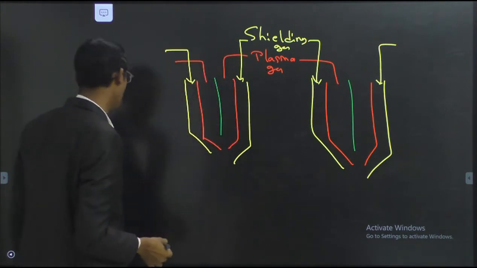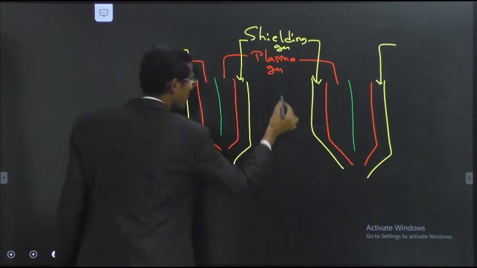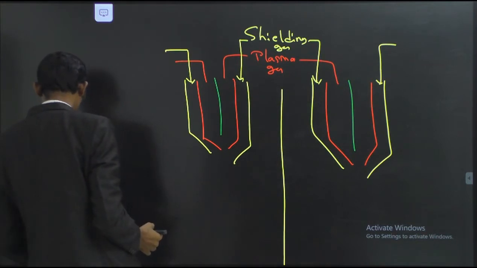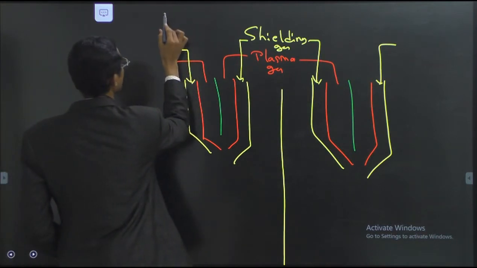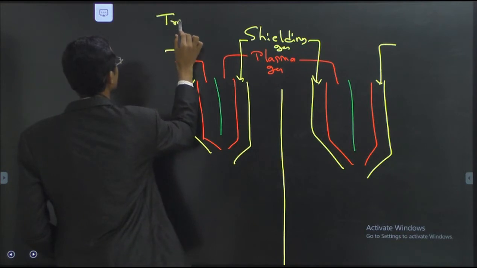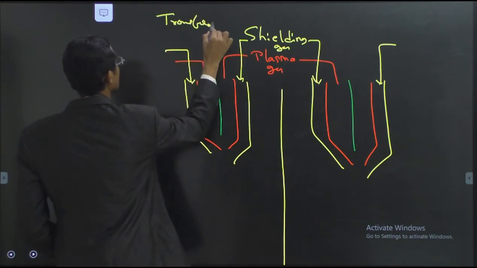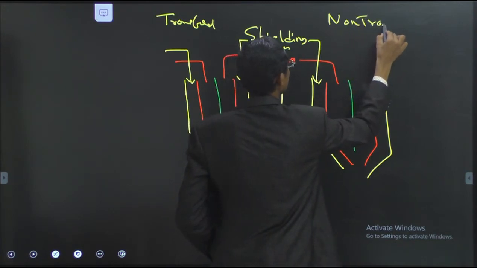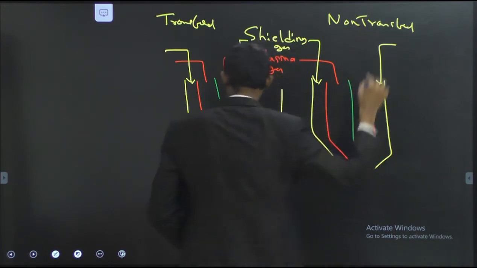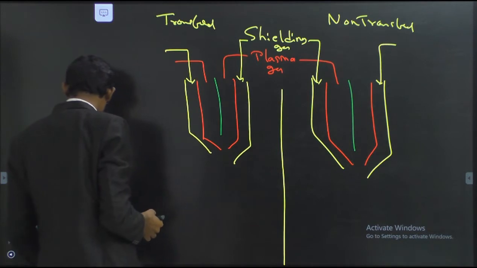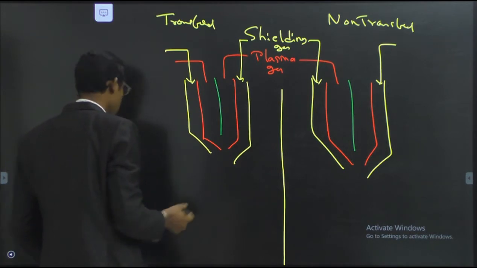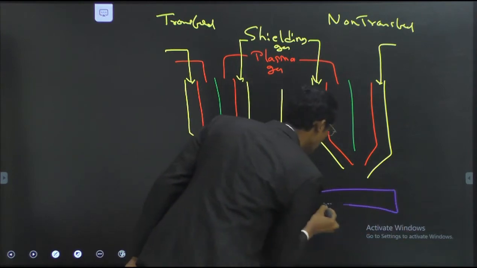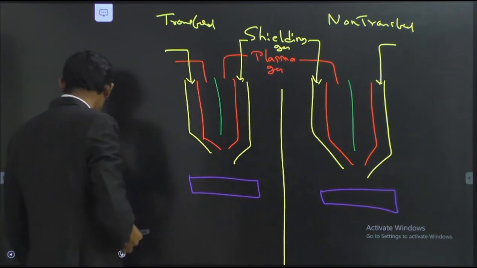Now I can divide these into two categories, transferred and non-transferred arc. This one I am naming transferred, and this one non-transferred. How? We have the workpiece here, and the arc is to be generated.